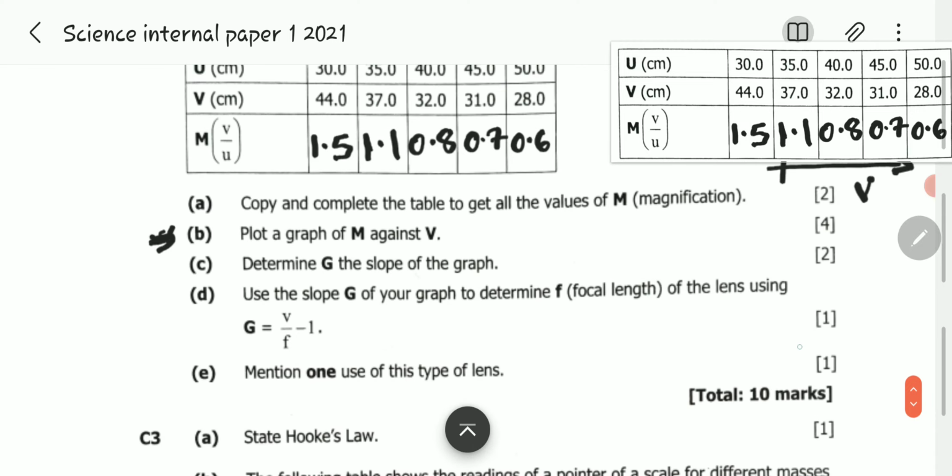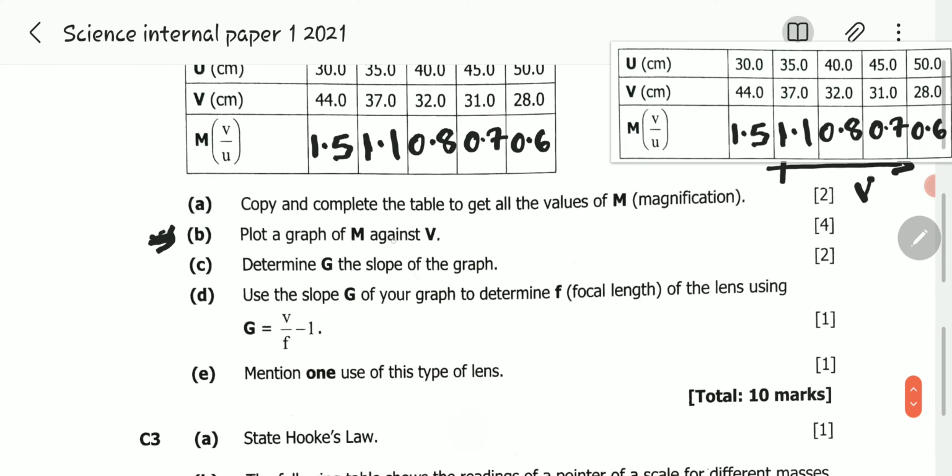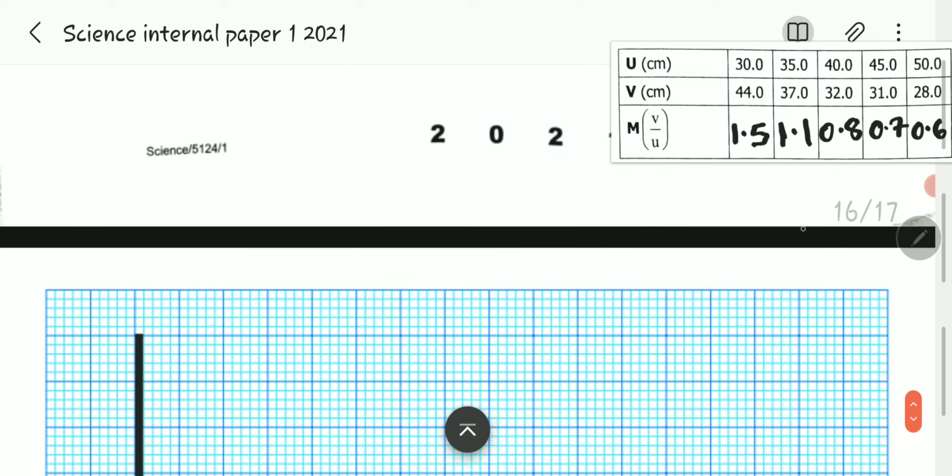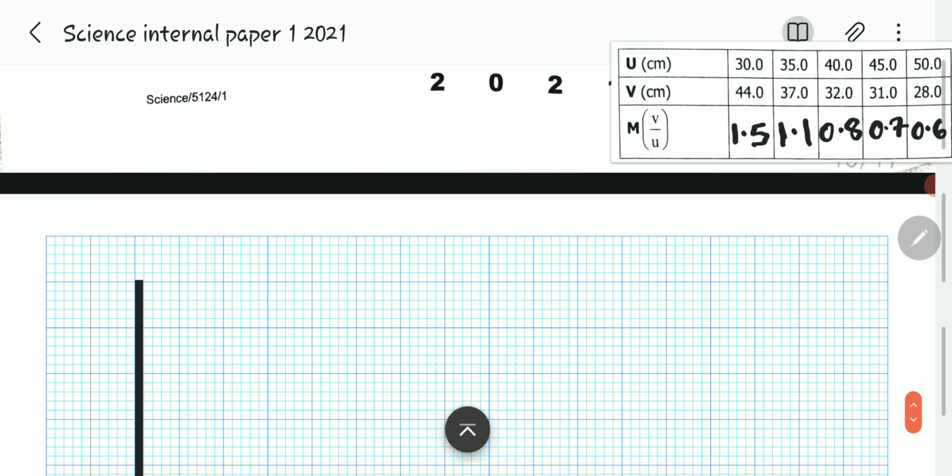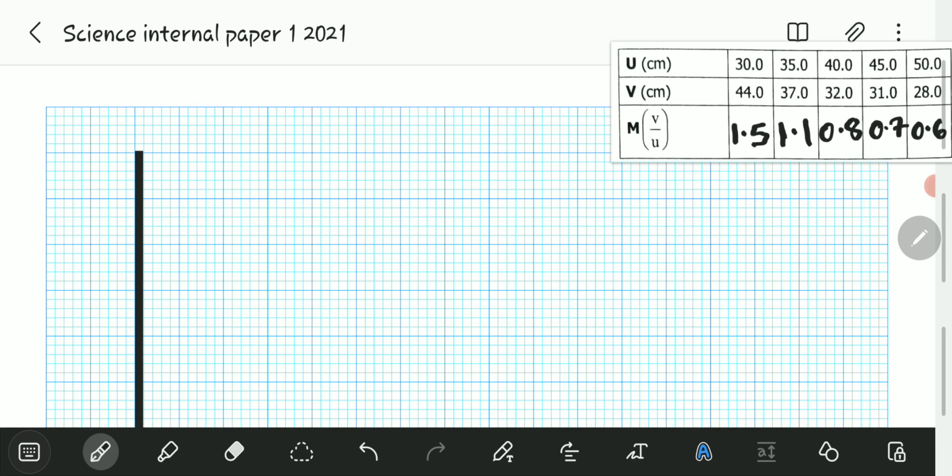The title of our graph is supposed to be M against V. So that is the first thing we are going to write on top of our graph paper. So we are going to have M, which is capital, against V. Then, because there are small letters there that I've used, I'm going to underline that. So that is my title.